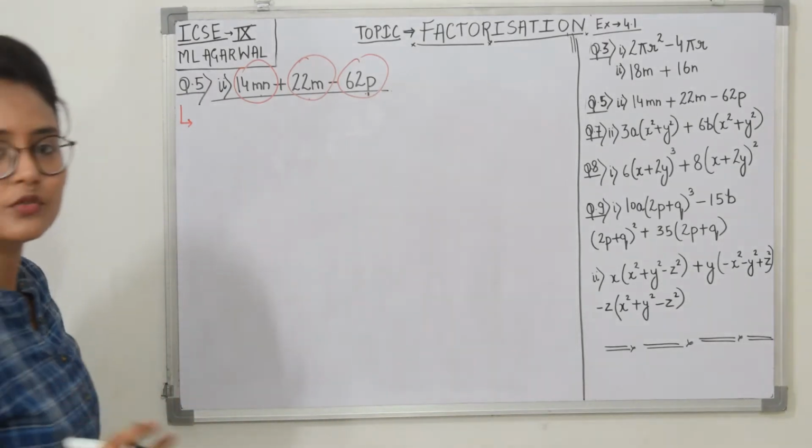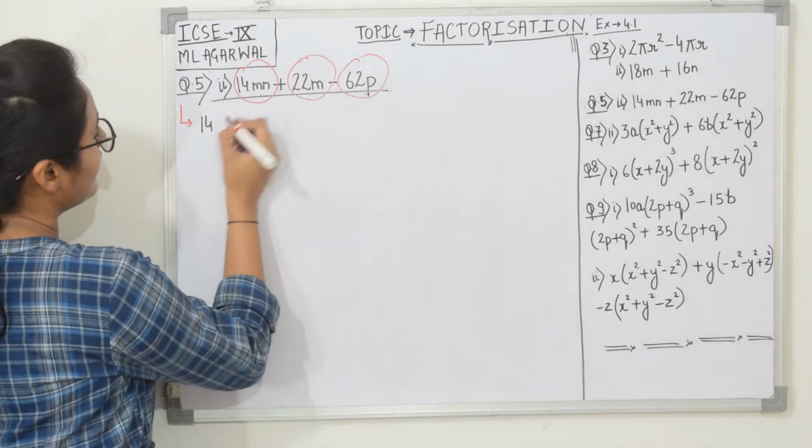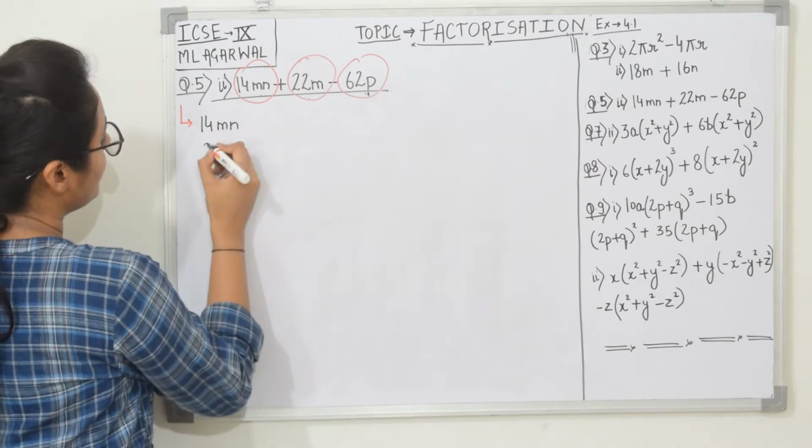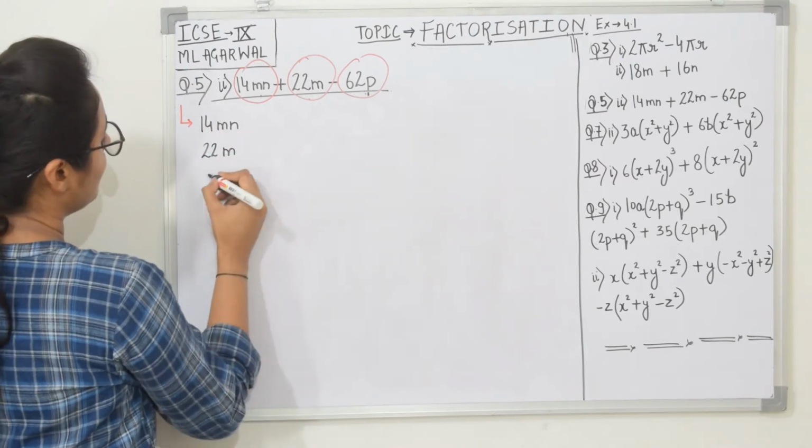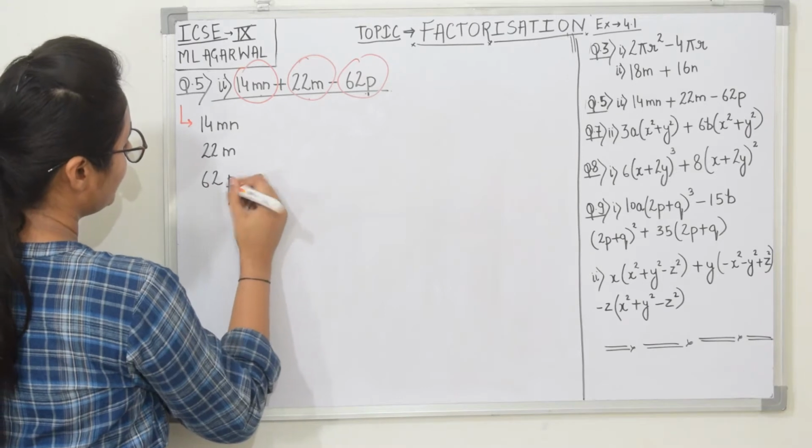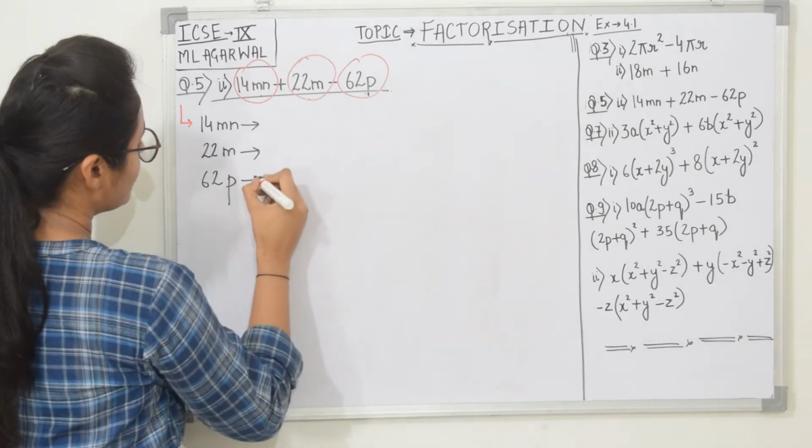Calculating HCF, just do it as it is only. So 14mn and 22m and 62p we are having. Just jot it down.